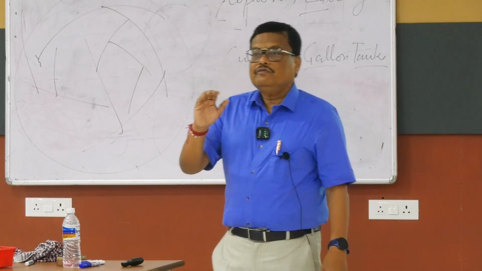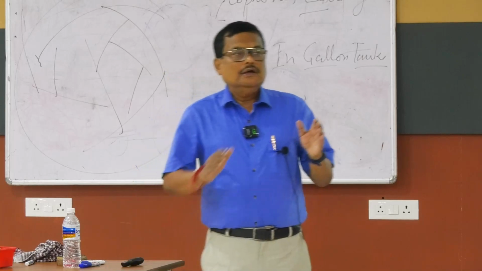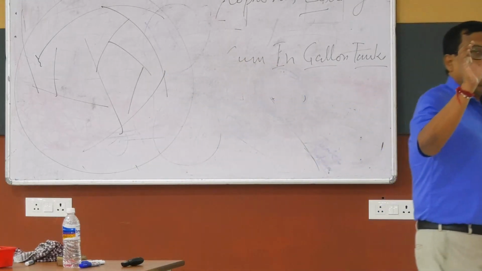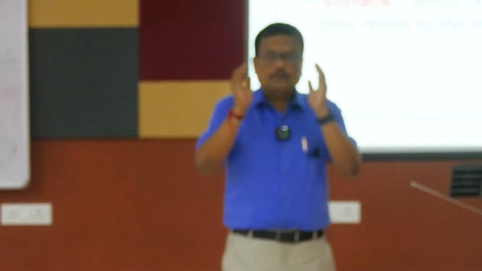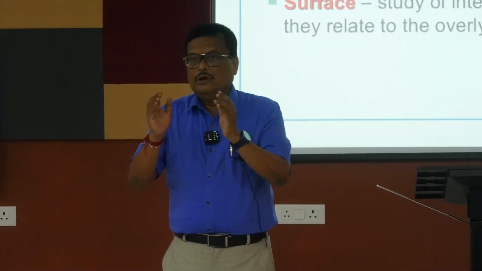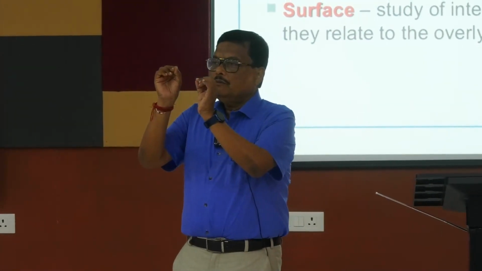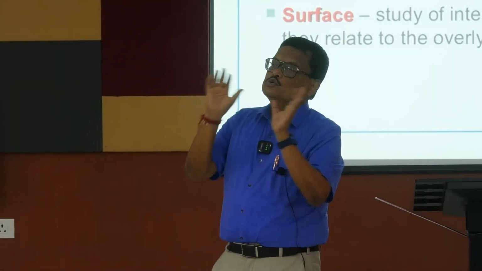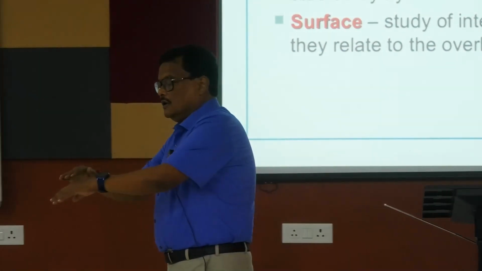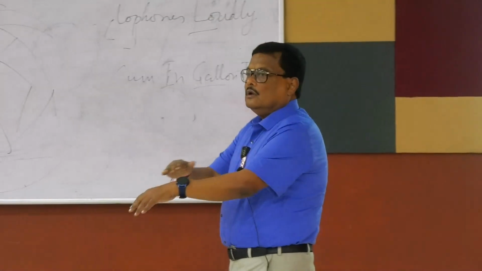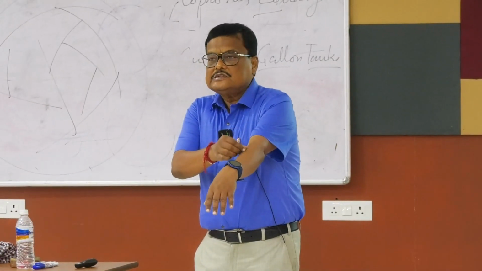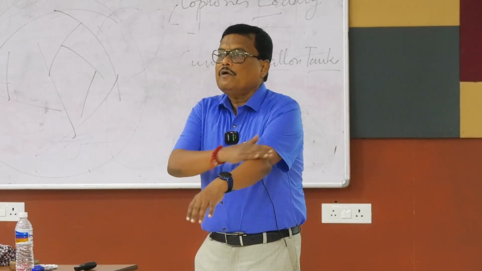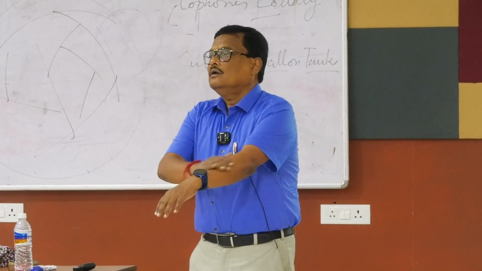And what is the difference between cells and tissues? An accumulation of cells performing a particular function, we call it a tissue. For example, epithelial tissue. There are epithelial cells, and their function is mainly to cover.